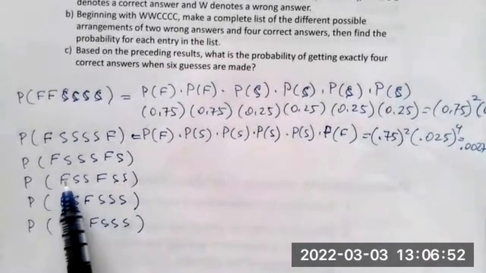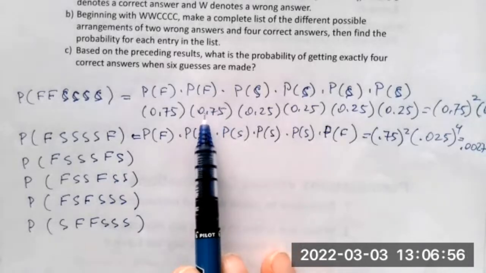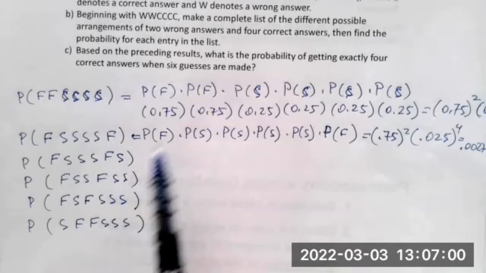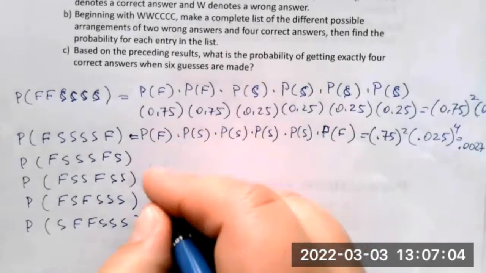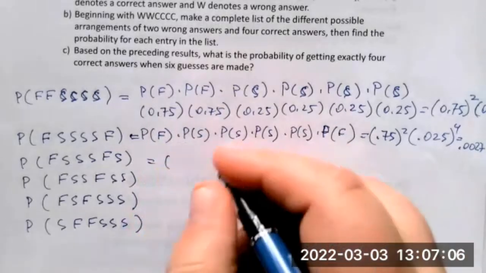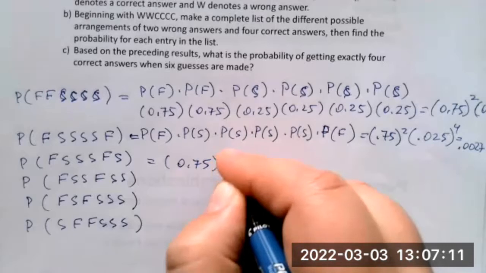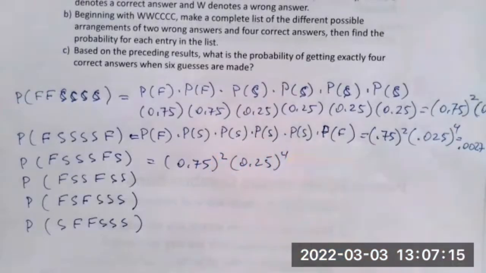Because we're still going to have 2 failures, so 2 factors of 0.75 and 4 successes, so 4 factors of 0.25. So they're all the same: 0.75 to power 2 times 0.25 to power 4.